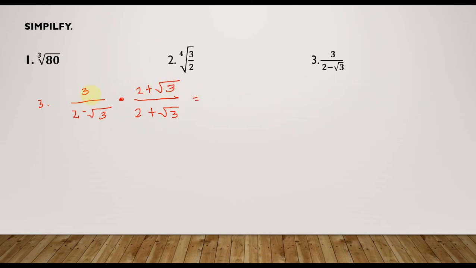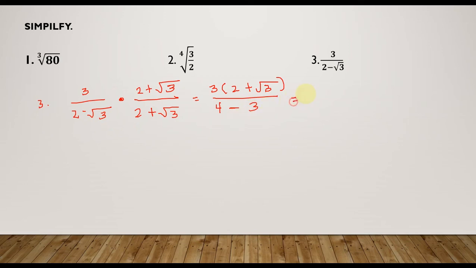Now let us multiply the numerators: 3 times 2 plus square root of 3. Then the denominators, 2 times 2. Applying the FOIL method, we're going to have 4. Of course, since you have a difference of two squares, using the FOIL method this will give you 4 minus 3.